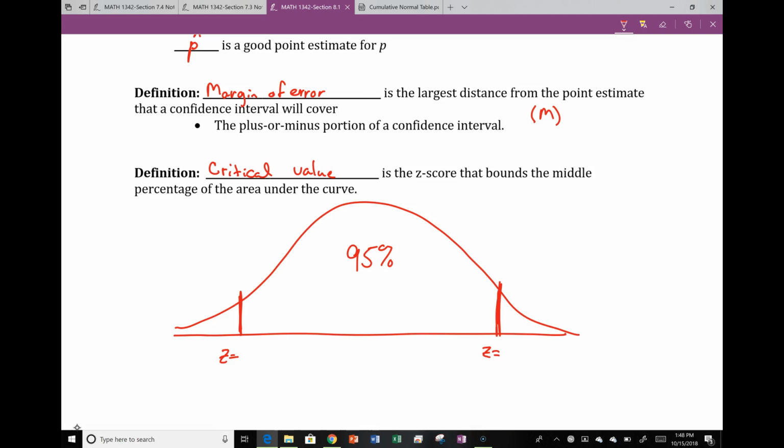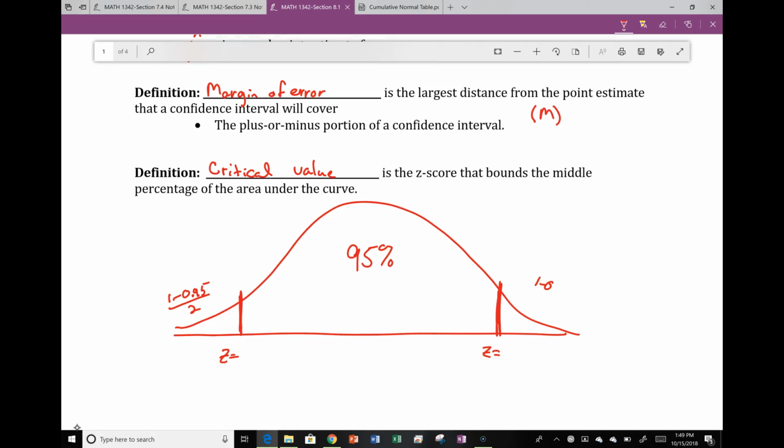So if I want this middle part to be 95%, this outer part is going to be 1 minus 0.95. Remember changing the percentage into a decimal. I'm going to divide that by 2 because I have a part over here and a part over here. So I'm going to take 1 minus 0.95 and divide it by 2, which gives me 0.0250 in here. A 0.0250 goes in here. This is our proportion and everything.